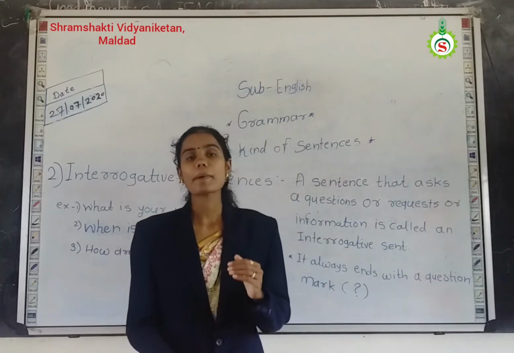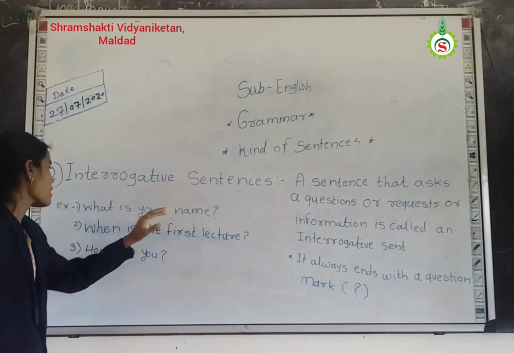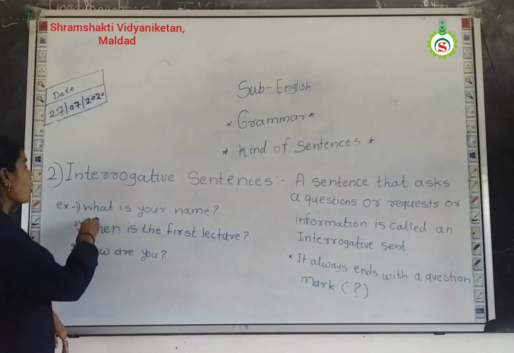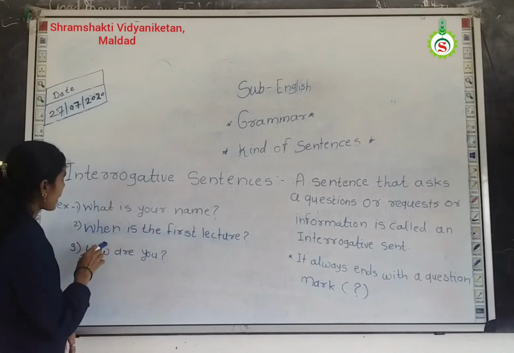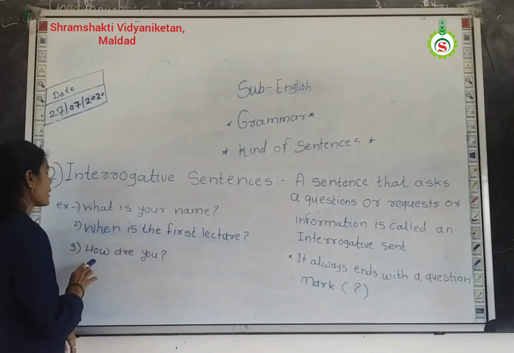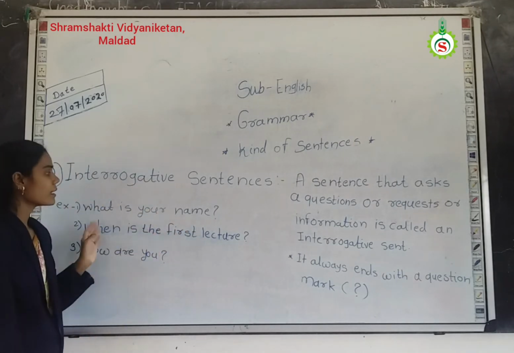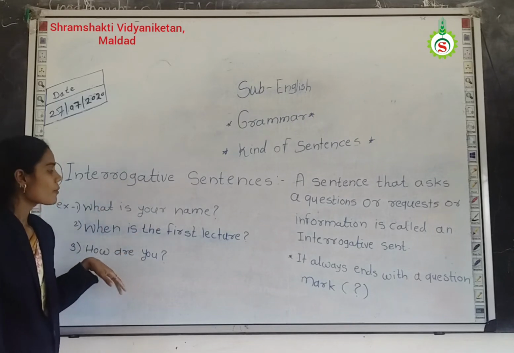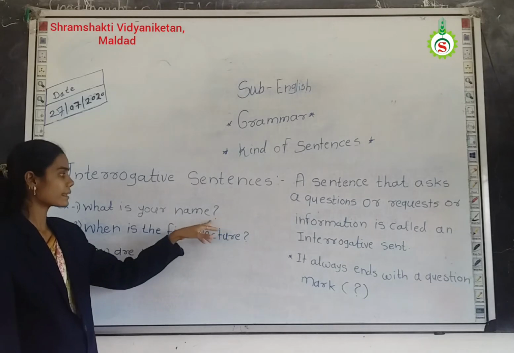So we see some examples of interrogative sentences. First example: What is your name? Then, when is the first lecture? Then, how are you? Students, when we see all these examples, we notice that every sentence finishes with a question mark at the end.